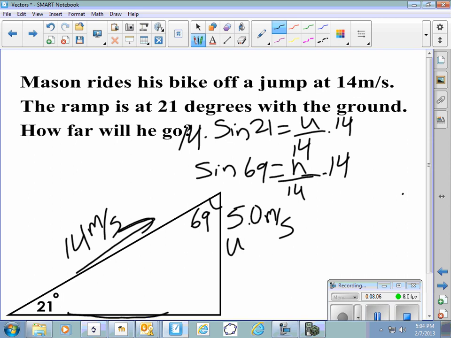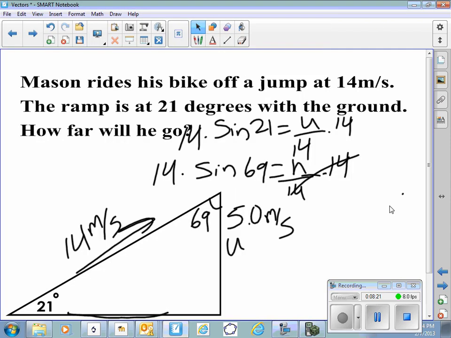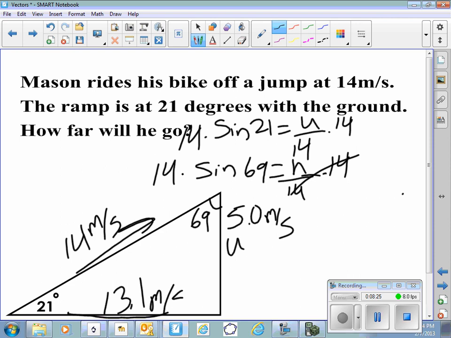Solving. 14 times the sine of 69 degrees is 13.1. So we're going forward at 13.1 meters per second.